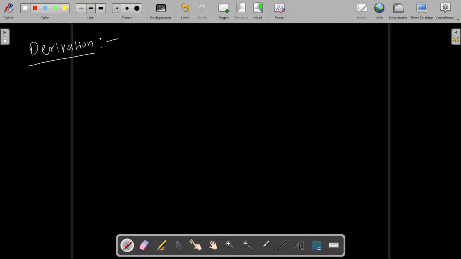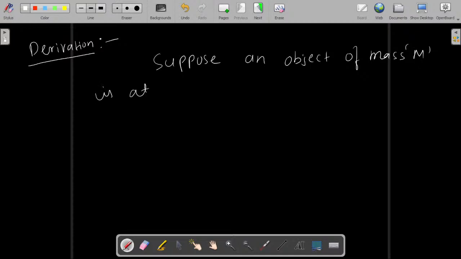So write down, suppose an object of mass m is at a height h from the ground.